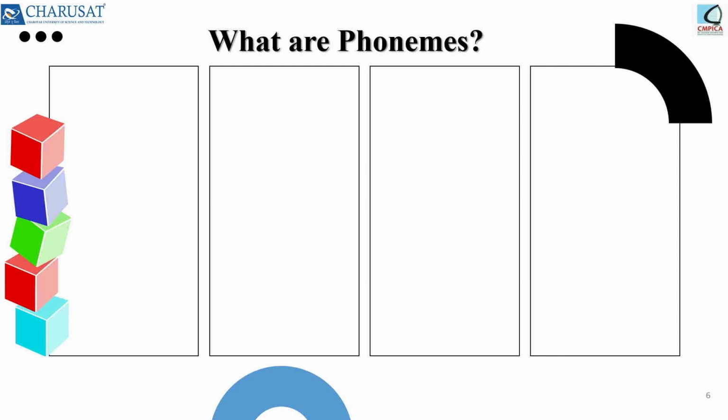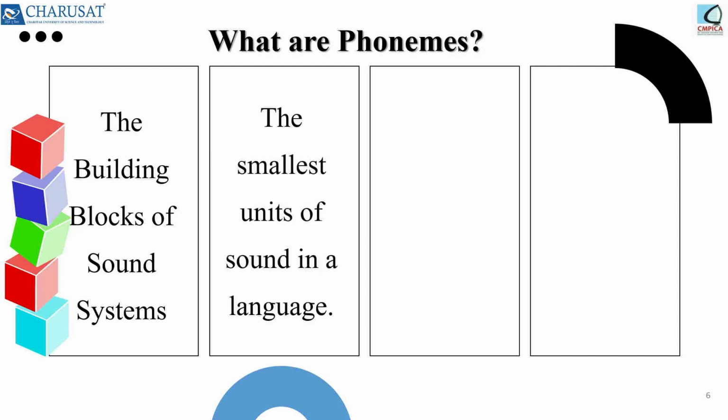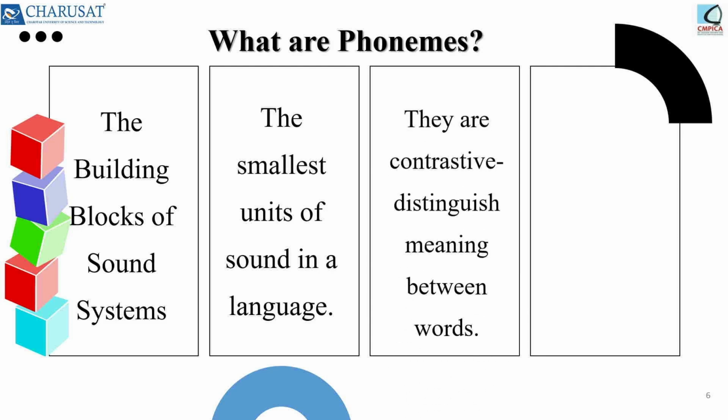Then what are phonemes? Comes our topic, right? When we are speaking about phonemes, phonemes are the building blocks of the sound system. Whenever we say sound system, it is basically the sound of the language, and phonemes are the smallest part of it. So the smallest unit of any sound is called a phoneme, right?